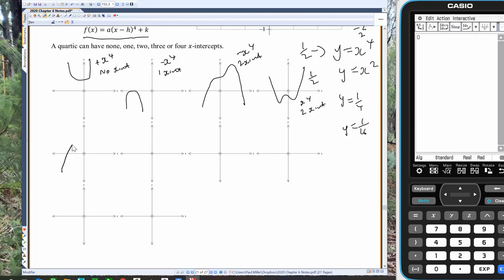We can get a 3 x-intercept. So there, there, and there. That one there is a negative quartic, 3 x-int. We can get the positive version of that quite easily. It would look something like this.